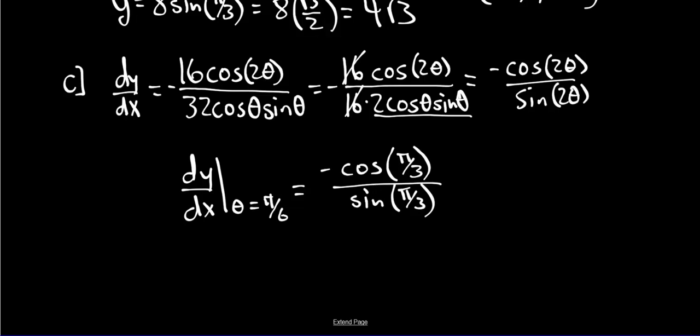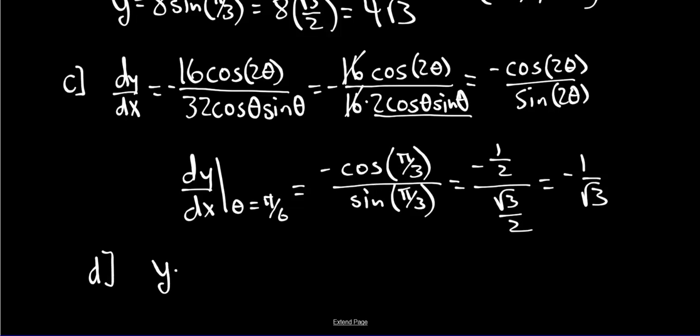See? Because when I put pi over 6 in there, I get pi over 3 because I multiply it by 2. Now let's see what that's going to be. This is going to be negative 1/2 over square root of 3 over 2. That's going to be negative 1 over the square root of 3. So there's our slope.